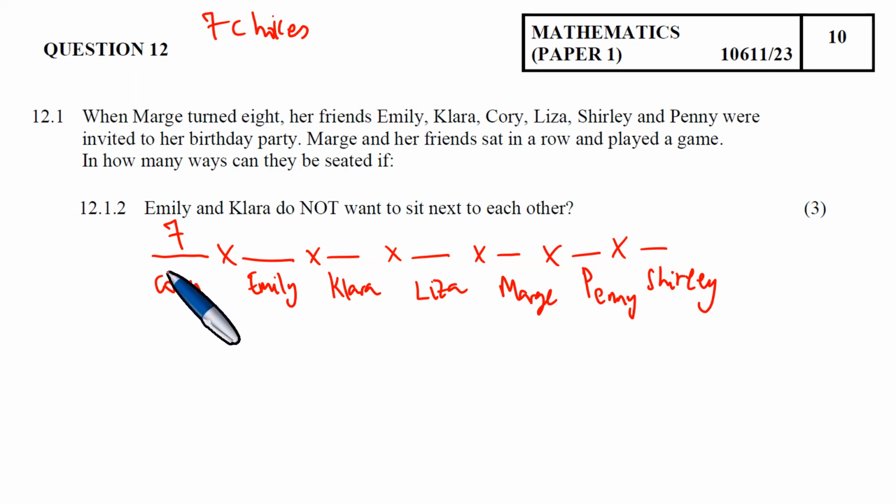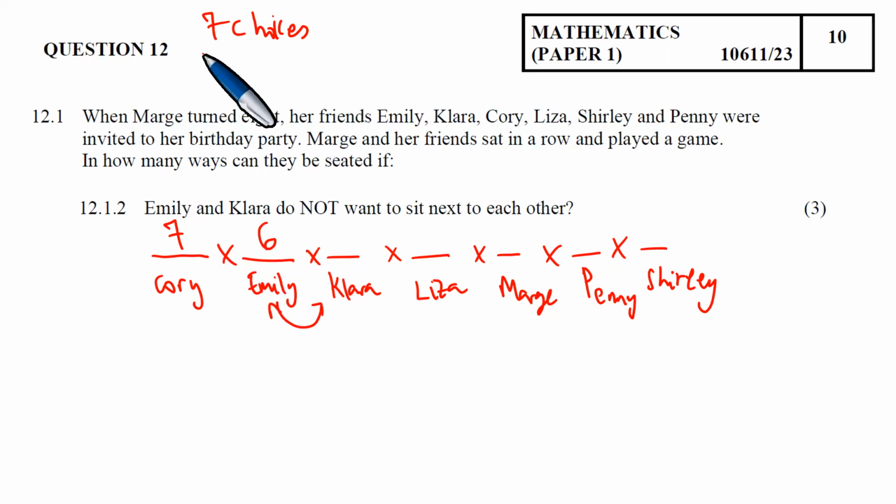Right, so if we take 7 choices to place somebody there in a general listing, now we are mixing the order. If we mix the order, because these two guys do not want to sit next to each other, they're teasing each other, they're fighting with each other. So yeah, 7 choices here.